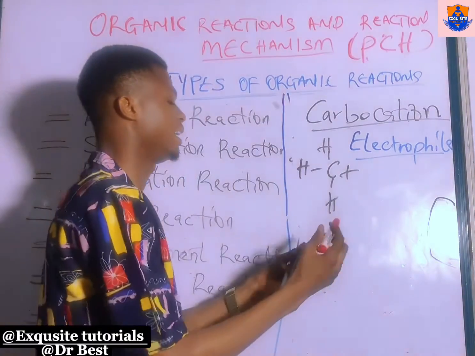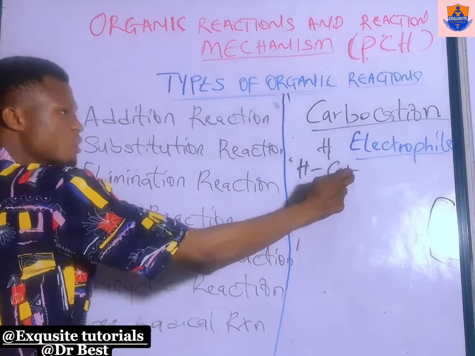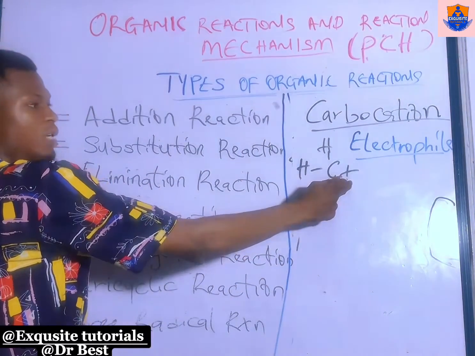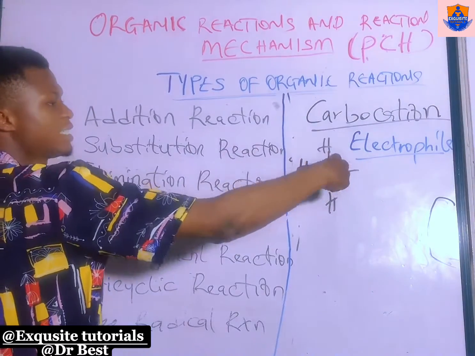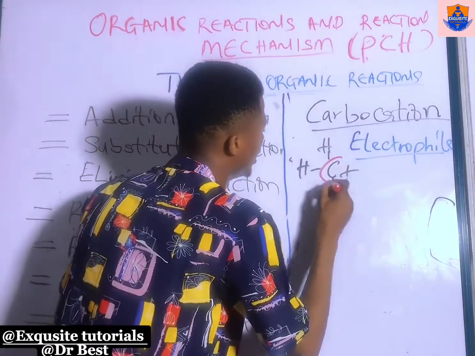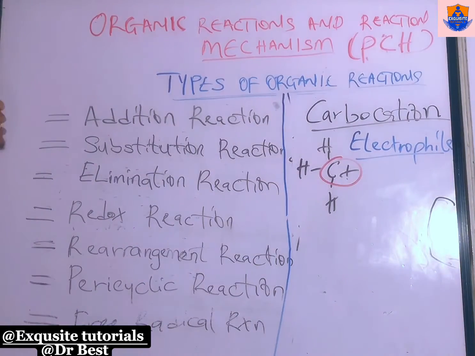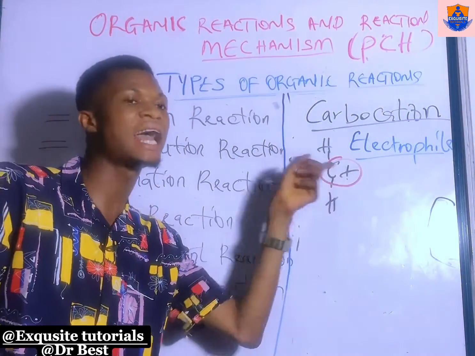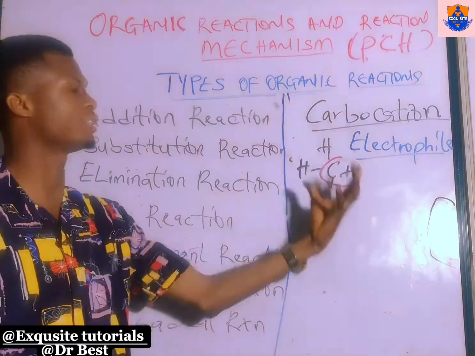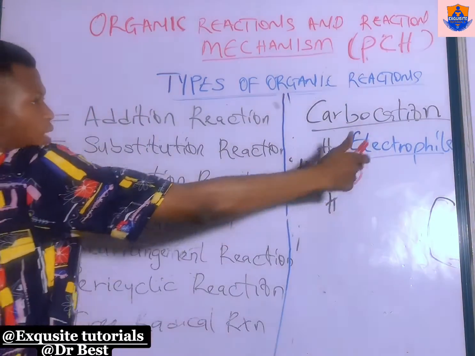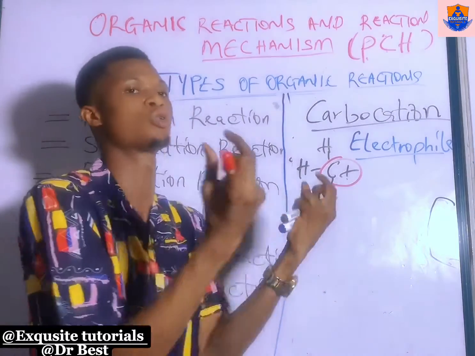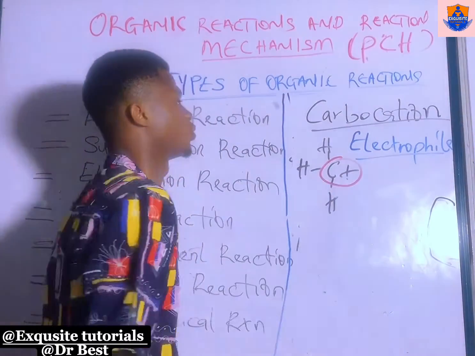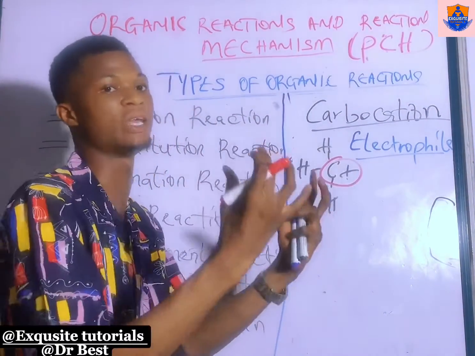So they lack electrons. This positive charge is to let you know that this molecule, or this center, this carbon center here, lacks electrons. Electrons are missing here, so it is an electrophile. In chemical reactions, a carbocation or an electrophile is going to bond to a nucleophile to form a new product.